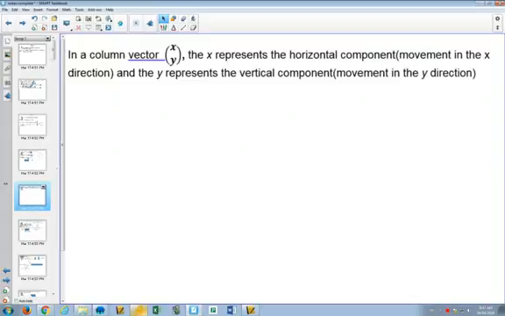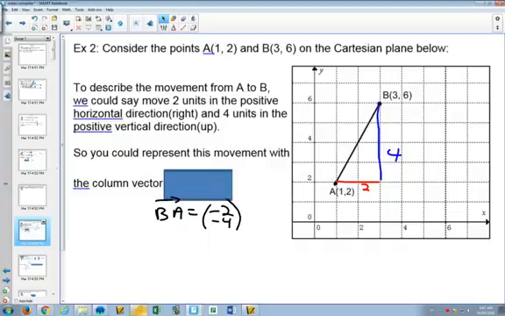So again, just like you've seen everywhere else, your x represents how much you move horizontally, your y represents how much you move vertically. So here we have the points 1, 2, and 3, 6. So we can draw them, and as we draw them, we can sort of indicate how much we've gone left and how much we've gone right if we were moving from A to B. This is the idea of vectors.